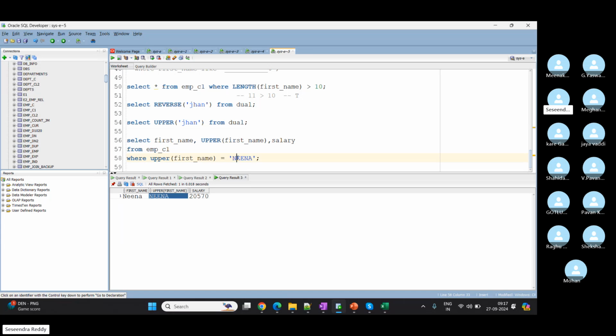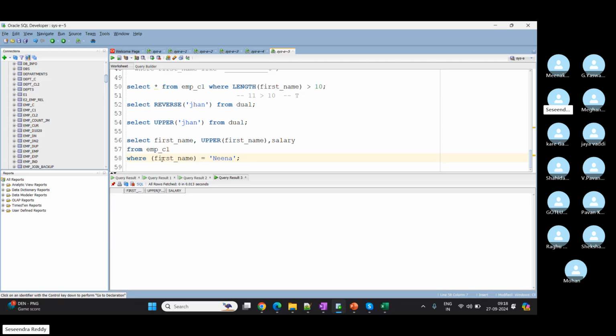Even if we pass this input like this, NEENA, now our name got converted to uppercase, but we are passing input in this format, and what is the actual data we have in the table? Again it is not in sync, right? Our input is not in sync with the data we are converting.